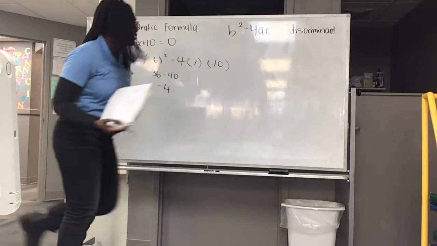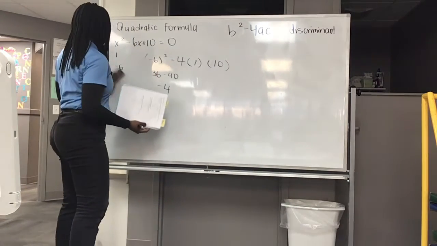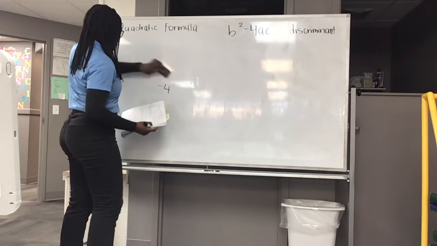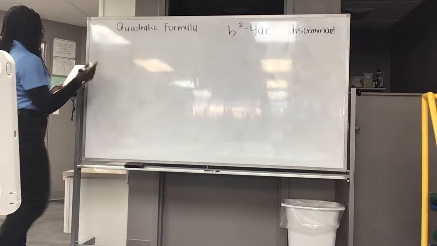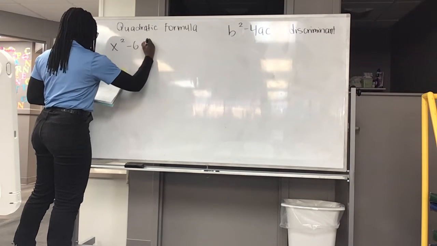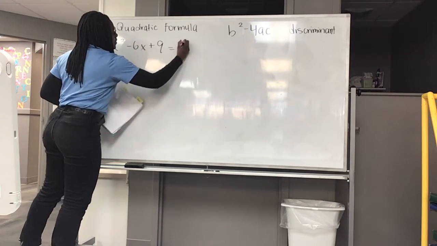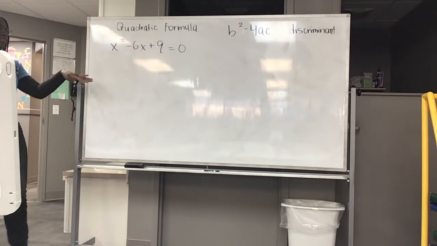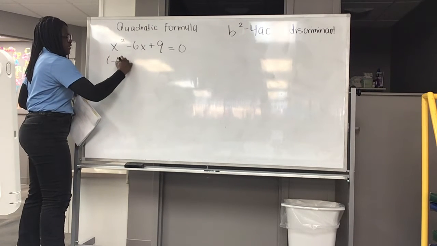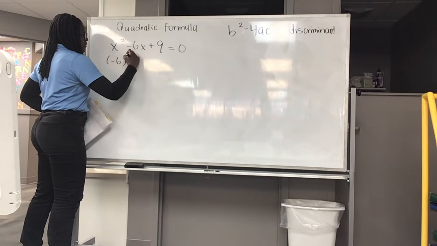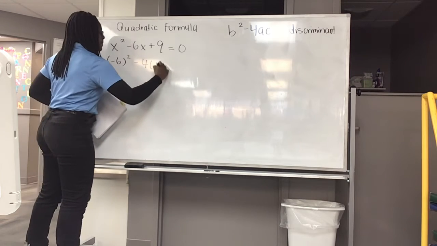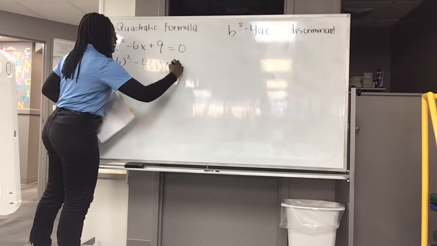Okay, let's try another one. We're still going to be using the discriminant. So x squared minus 6x plus 9 equals 0. I'm going to use b squared minus 4ac. B is negative 6 again, squared, minus 4 times a, which is 1, and then c is 9.